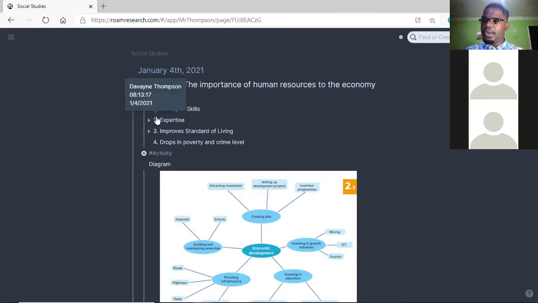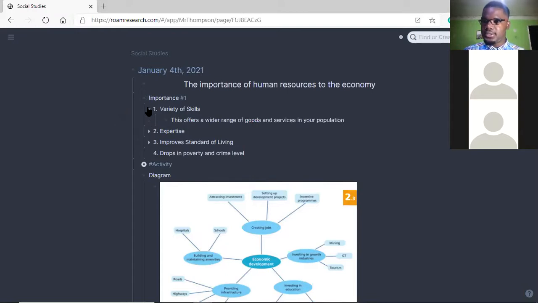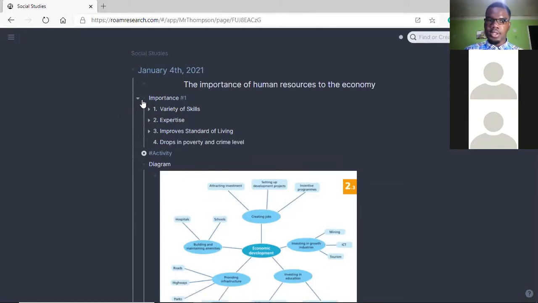Why is it important for me to have this in my economy? Well, it simply gives you a variety of skills in your population. So a variety of skills just offers a wider range of goods and services, right? Because if I'm diversified, I can ensure all economic input. That means I can get business on a wider scale, and that's good for the economy.